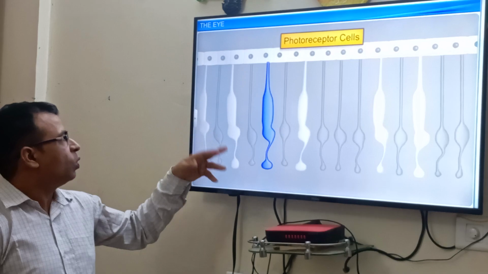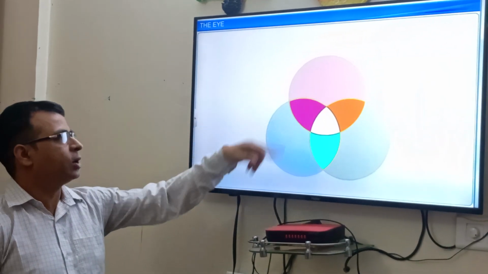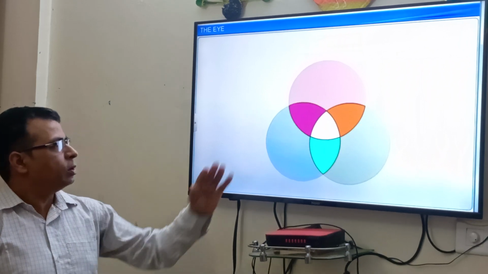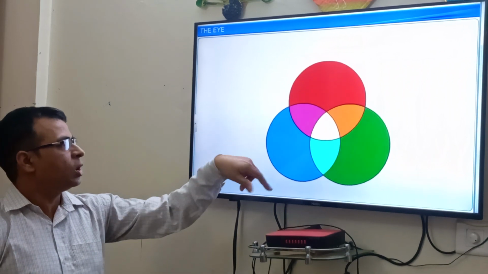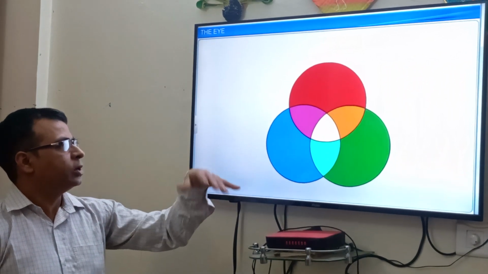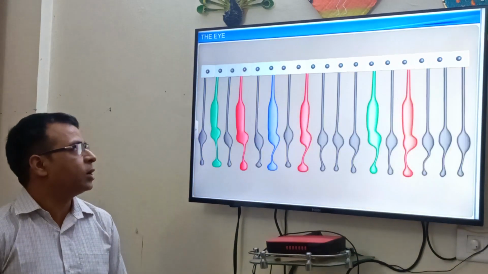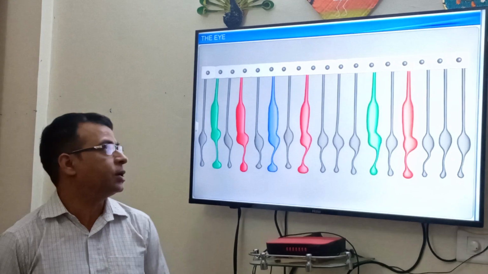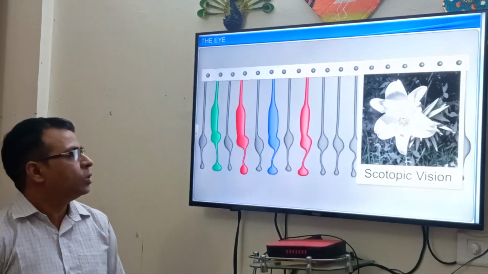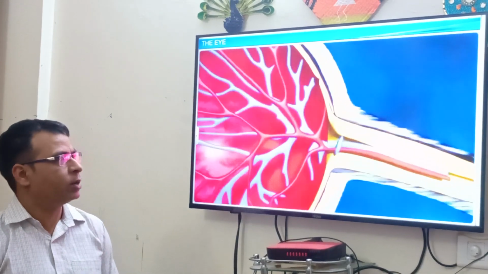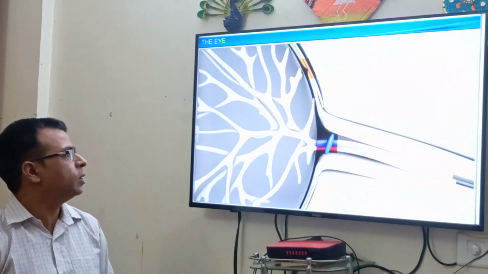There are different types of cones which decide the different colors when they work simultaneously. So if all these colors are equally stimulated, then white color is perceived. So this is scotopic vision or moonlight vision, dim light vision, we can say.